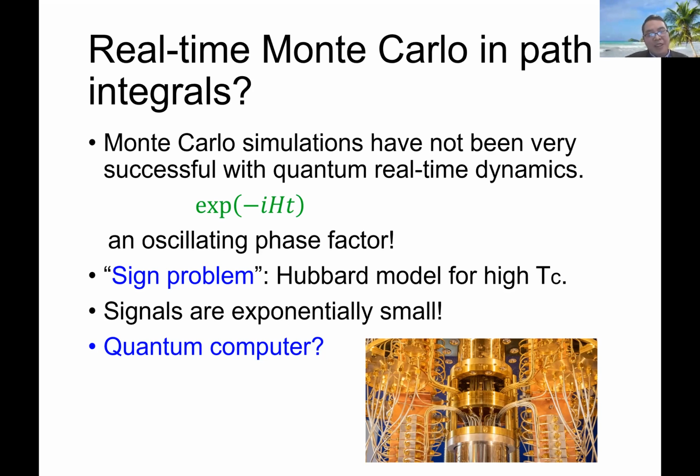In condensed matter physics, the Hubbard model for high Tc has a sign problem, and nobody knows how to solve it using Monte Carlo simulation, because the signals are exponentially small. Nowadays, of course, there's a lot of talk of solving a real Hamiltonian problem using a quantum computer.